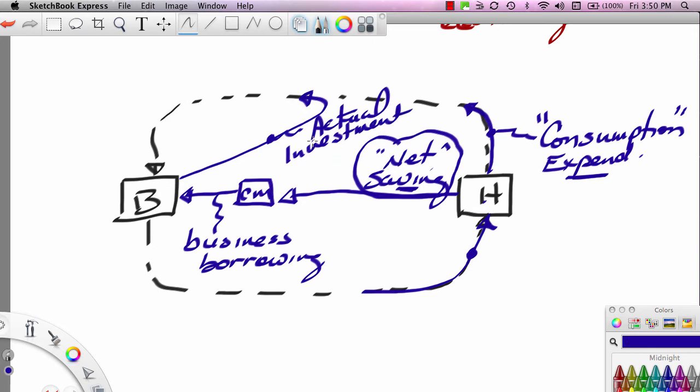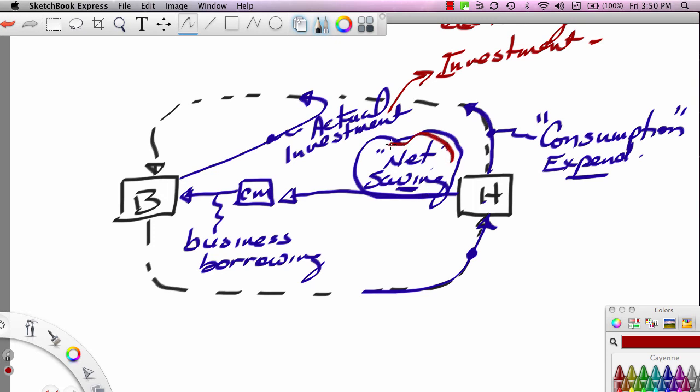Now, this word investment warrants special treatment. And the reason I'm going to give this a little special treatment, I'm actually going to take some time and write this out, is because it's so misunderstood and misused, this term investment. Look, when I receive income and save it and put it into my retirement fund, and when my retirement fund manager puts it into stocks, that is not investment. Now, do people call that investment? All the time.